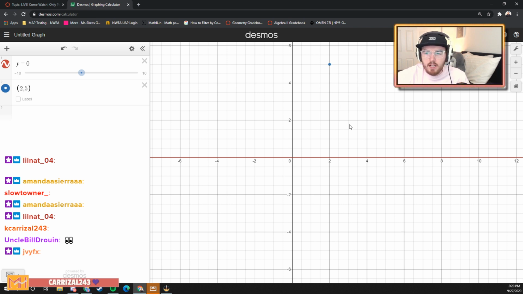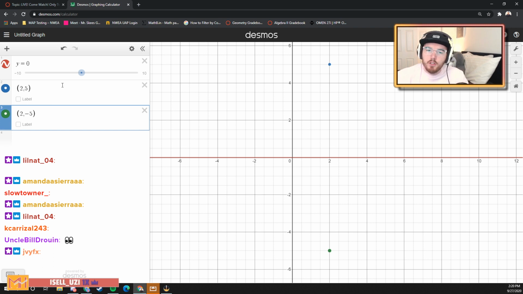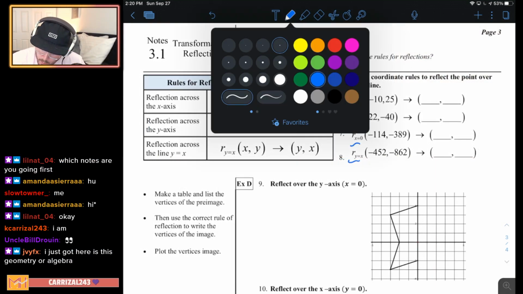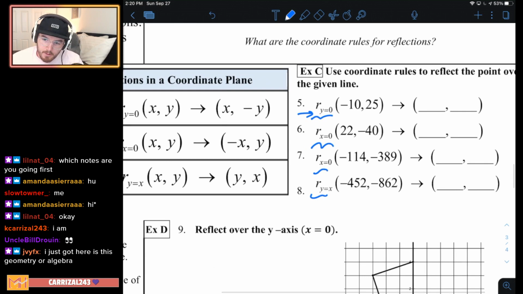Now it's going to be down here, 5 below when it gets reflected, which is why the y value gets flipped. Instead of being up here positive, it's now down here negative. Which is exactly what's happening to this point right here. Instead of being up at positive 25, it's now going to be reflected down to negative 25.